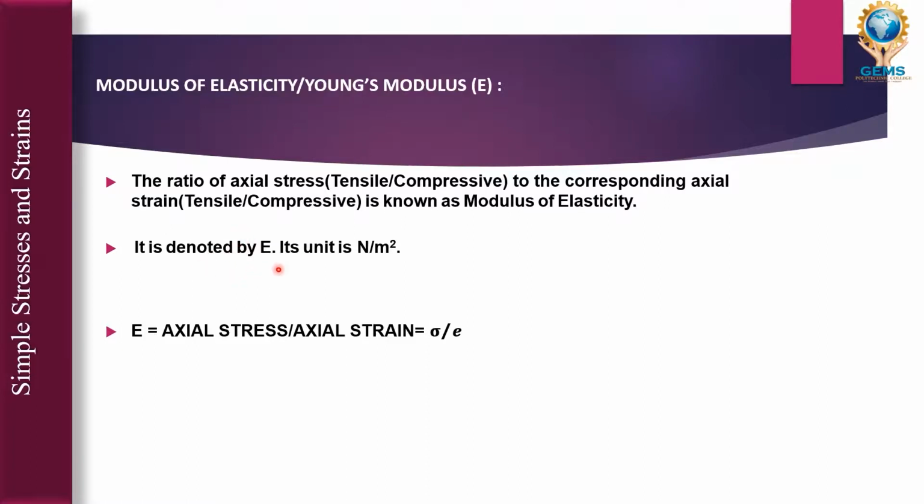It is denoted by capital letter E and its unit is Newton per meter square. So mathematically E is equal to axial stress divided by axial strain. One thing you must keep in mind: the stress and strain may be tensile or compressive. So capital E is equal to sigma divided by small e, where sigma is stress, small e is strain, and capital E is Young's modulus or modulus of elasticity.